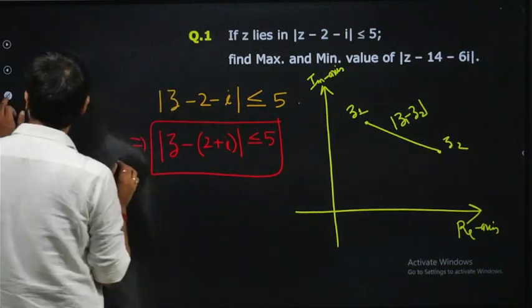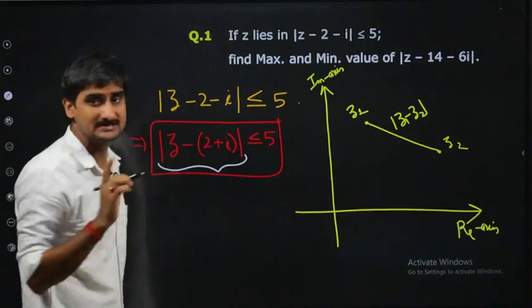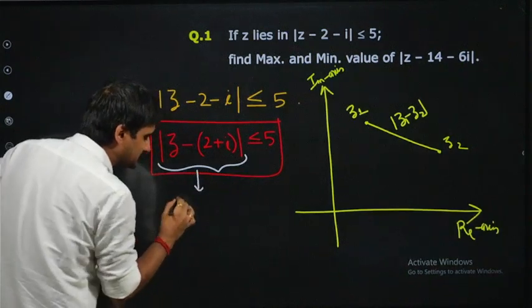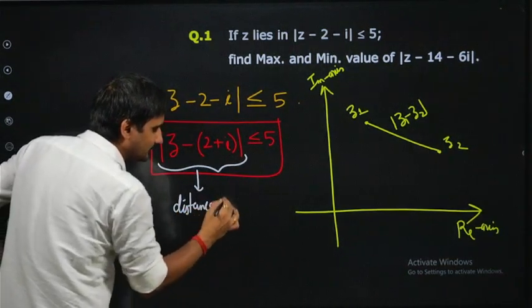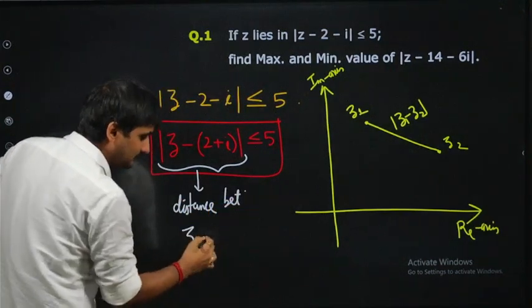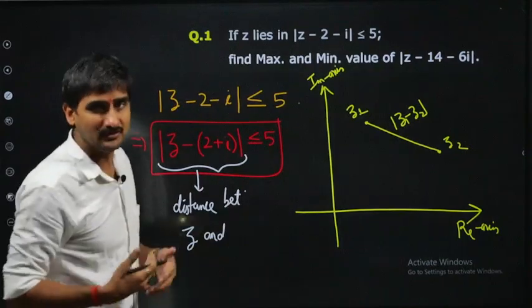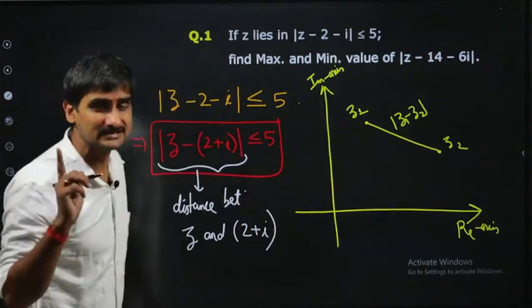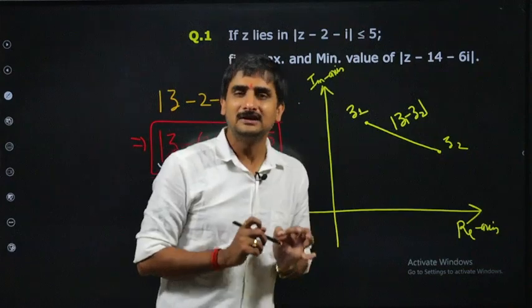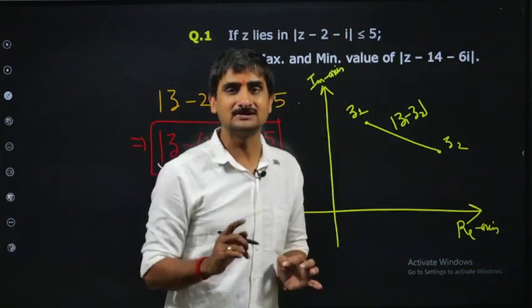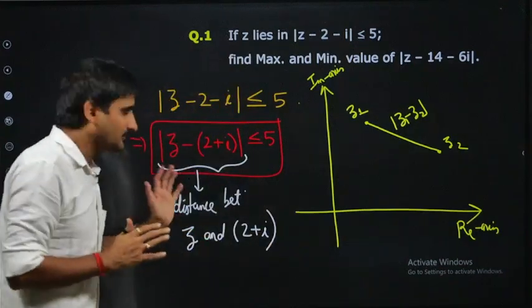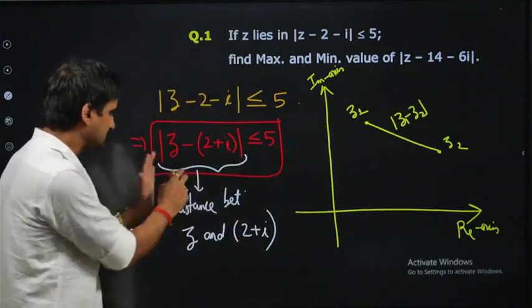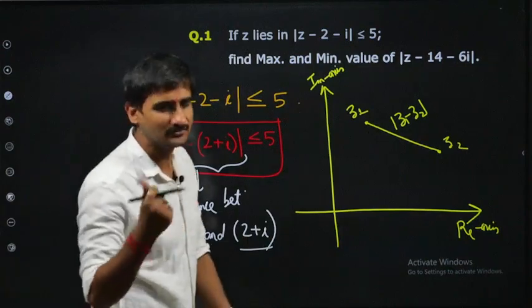Now, whatever we have within the modulus on the left hand side of this expression represents the distance between z, a variable complex number, and another complex number 2 plus iota, which is fixed. That is what we need to understand from the definition of modulus: mod of z1 minus z2 is the distance between the two points z1 and z2 on the Argand plane. So this is the distance between z and 2 plus iota on the Argand plane.